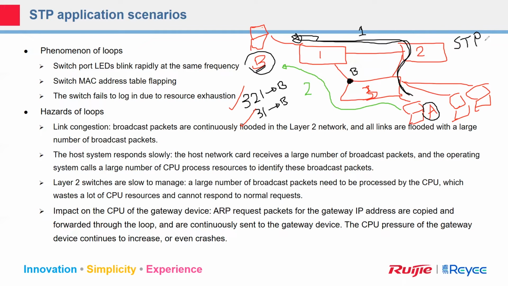You just enable the STP, and the STP will decide which port in this loop will be blocked. So if that port is blocked, for PCA, the only way to go to the destination is that way.